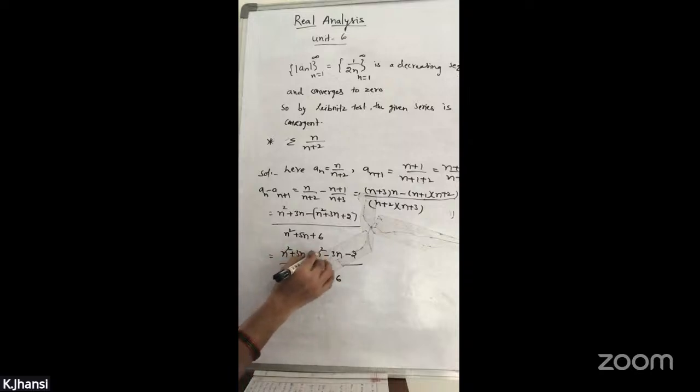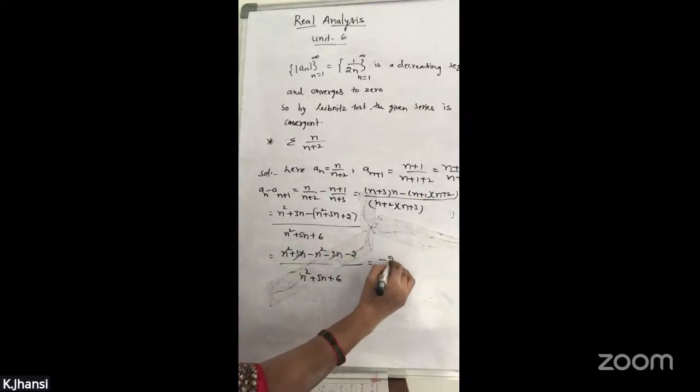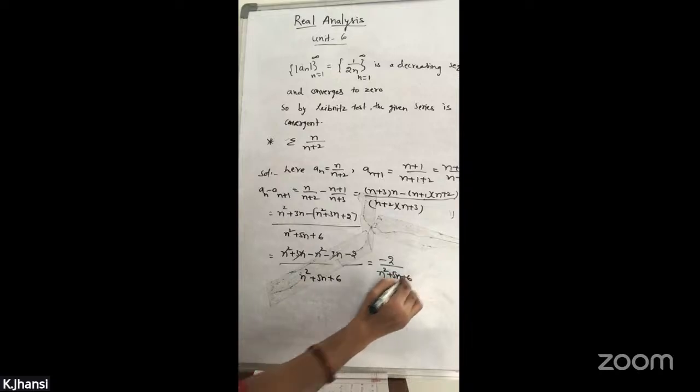So n square and 3n get cancelled. So it is equal to minus 2 by n square plus 5n plus 6.